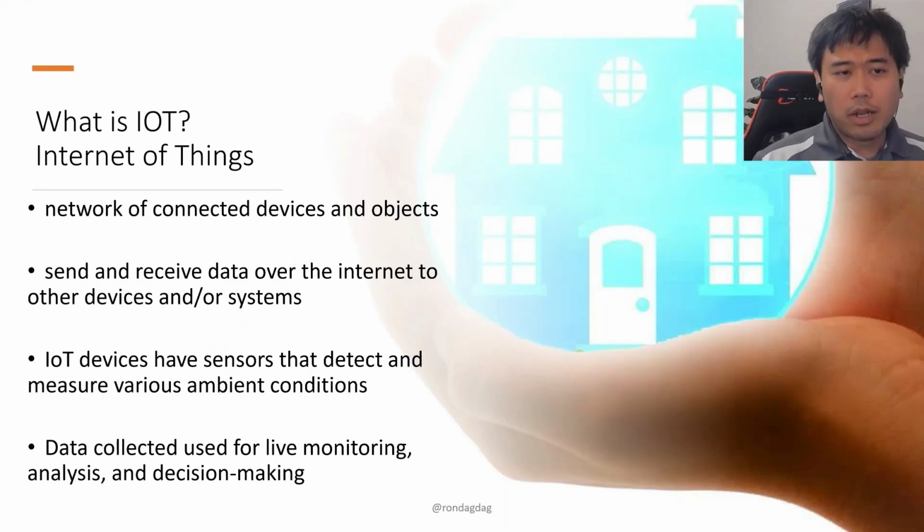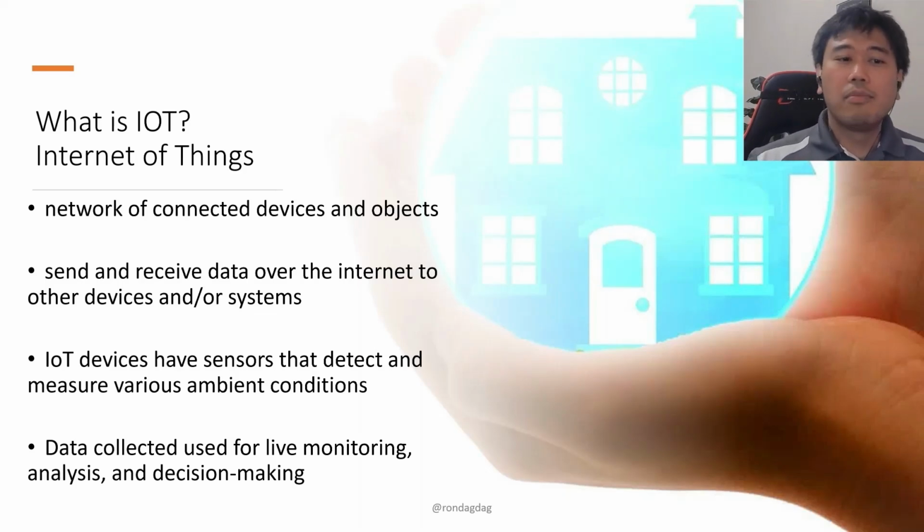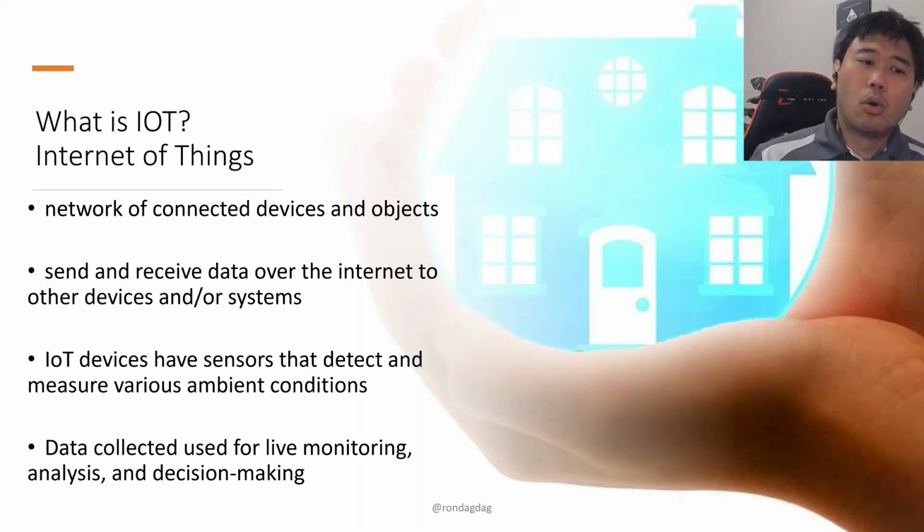So Internet of Things is a network of connected devices and objects that sends and receives data over the internet, or can communicate with other devices or other systems. IoT devices have sensors that can detect and measure different ambient conditions, and the data that you collected, you would use it for either live monitoring or analysis or some decision making.